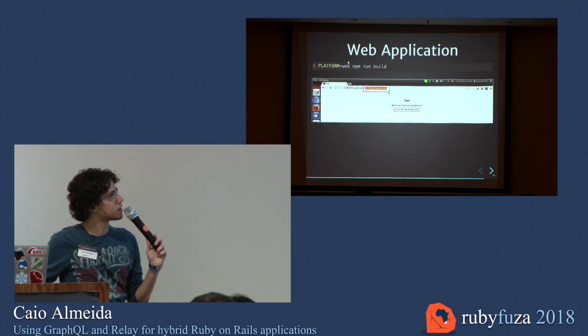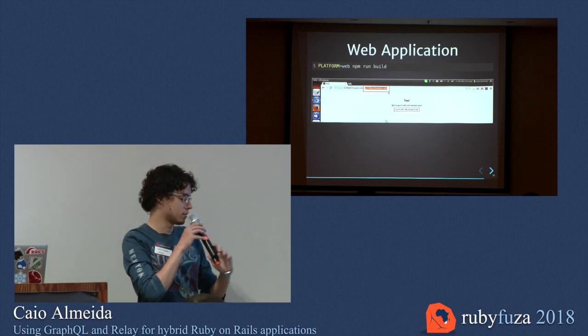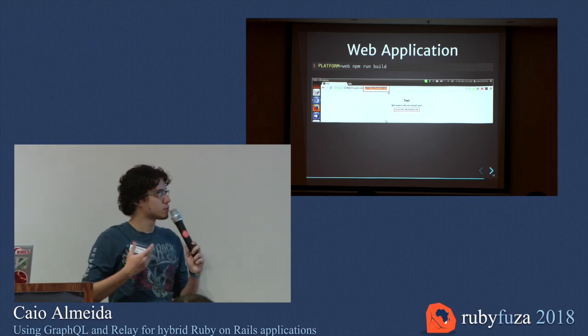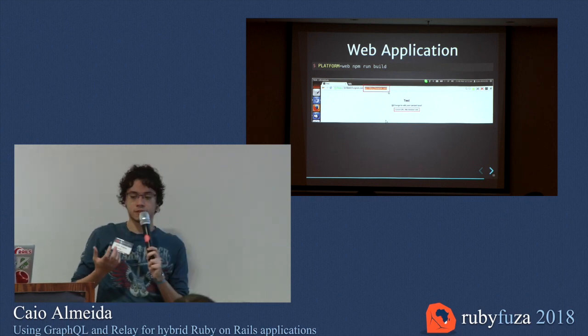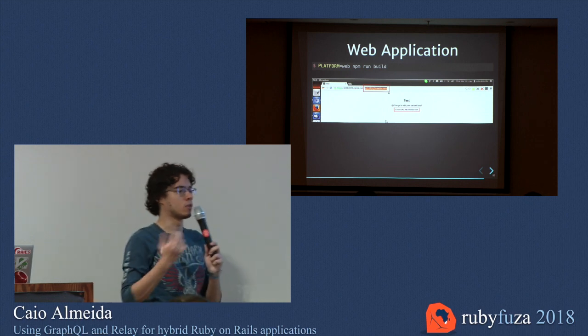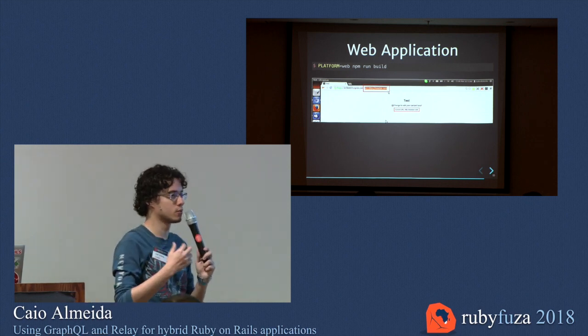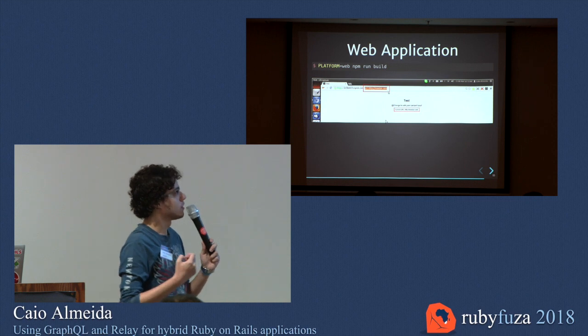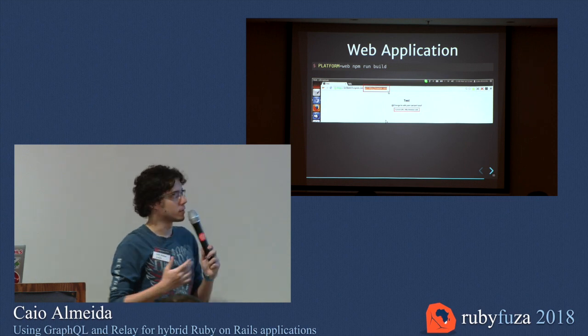So if you compile the application for the web platform, you can run it as a web application, and you can pass URLs as parameters and it's going to load for you. Because it needs to come with an example of how to receive input parameters, right? Because if you have a web application, it's different from the way that you receive input data from a browser extension or from a mobile app.